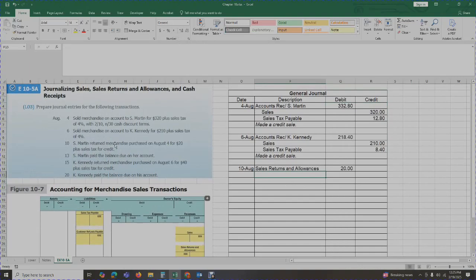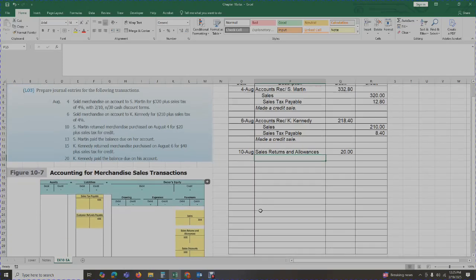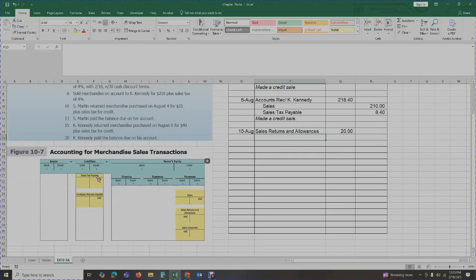Now it says that the returned merchandise was purchased for $20 plus the taxes. When we process the return, we also have to process the refund for the taxes. So when we collect taxes, let's look at our sales tax payable. When we collect taxes, we credit it. When we make a refund of those taxes or when we pay our taxes, then we debit our sales tax payable account.